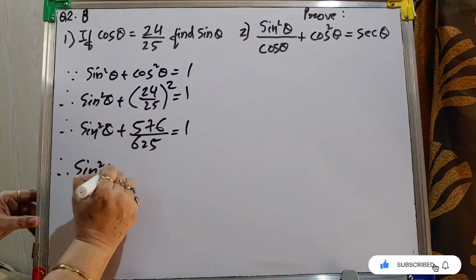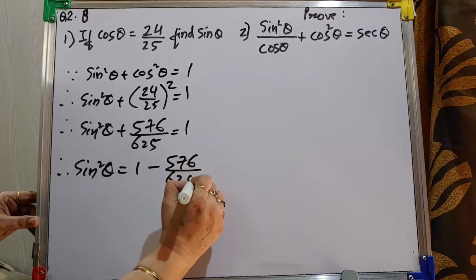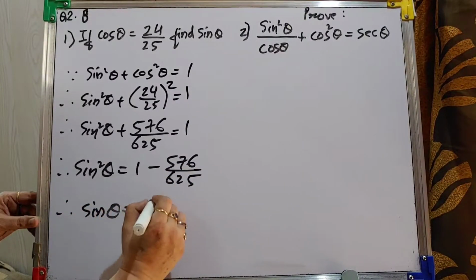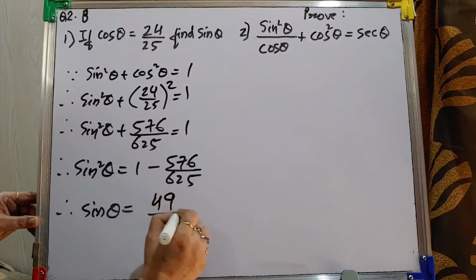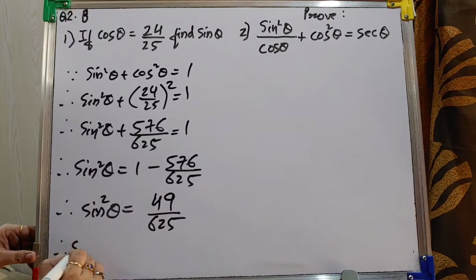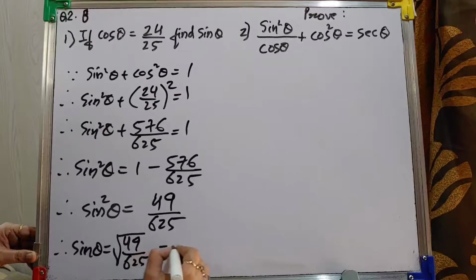Transfer that side: 1 minus 576 by 625. So sin square theta will be 49 by 625, and sin theta will be root of 49 by 625, that will be 7 by 25.